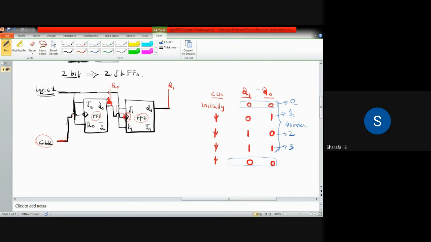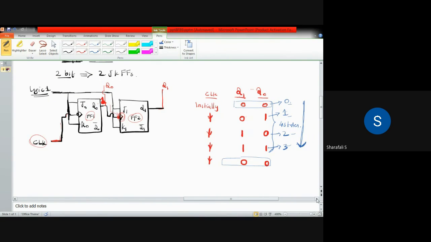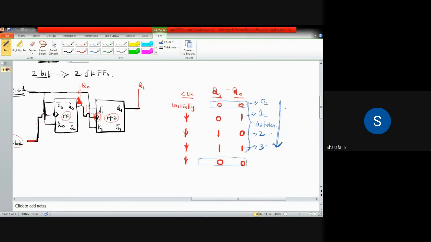We can see 0, 1, 2, 3 like that, and also we can see the progression from 0 to 3 for each clock pulse. So it starts from 0 and reaches 3. So this is an up counter. We can say this is a 2-bit up counter.